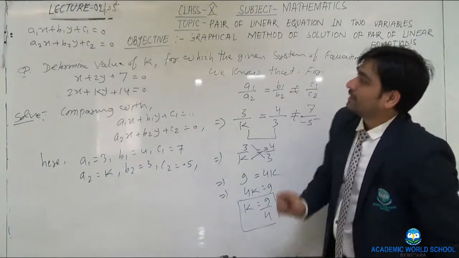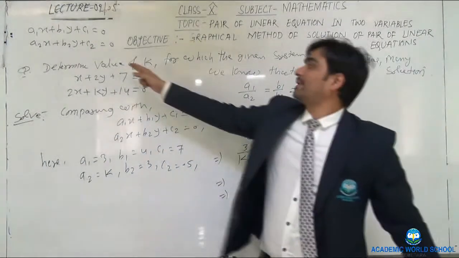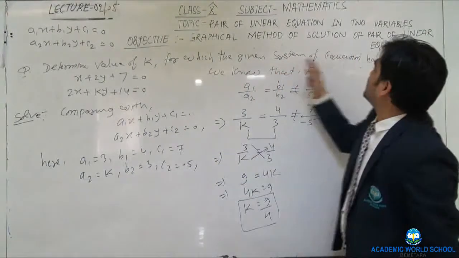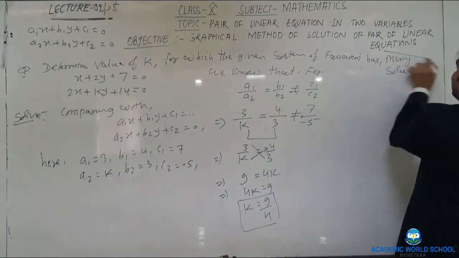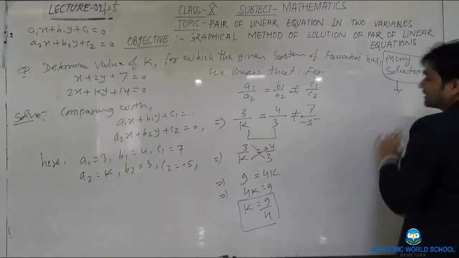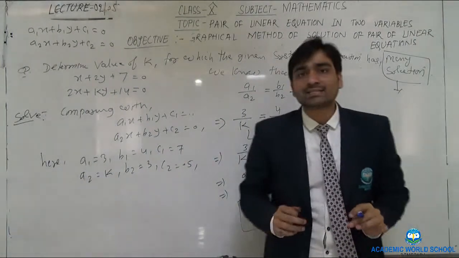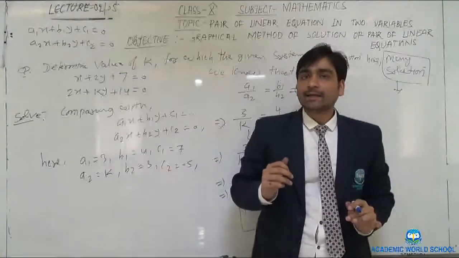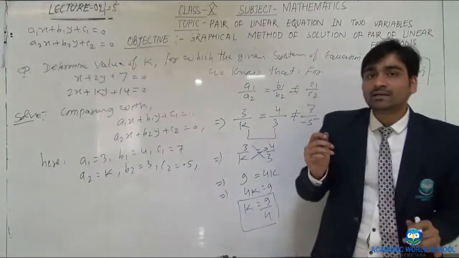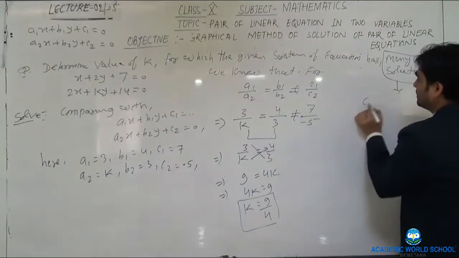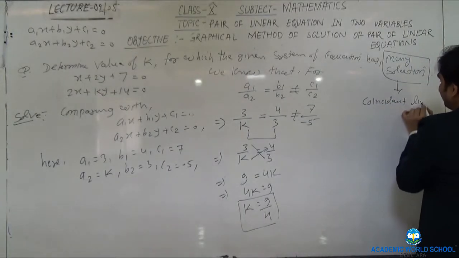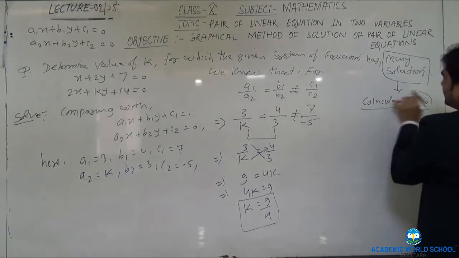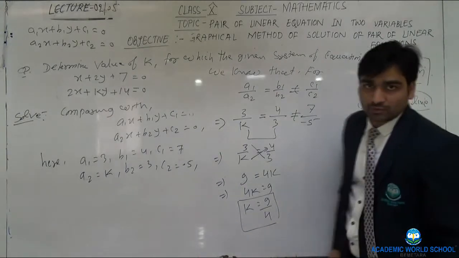The question is: determine the value of K for which the given system of equations has many solutions. In that, many solutions may come as a coincident line. So it doesn't matter; if you know the condition, it will be easy for you.